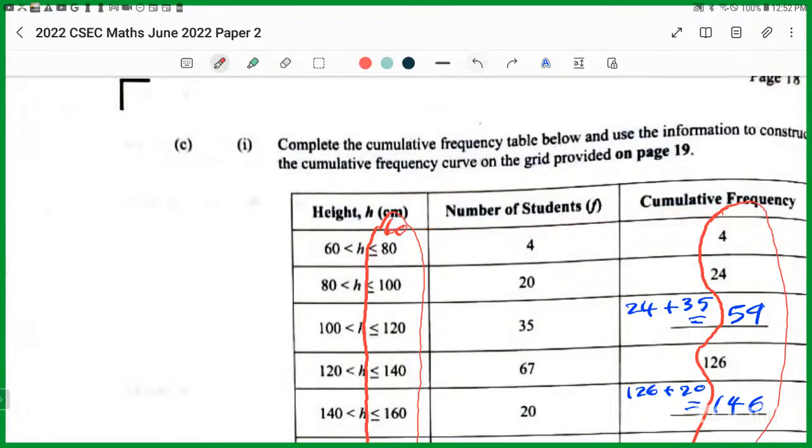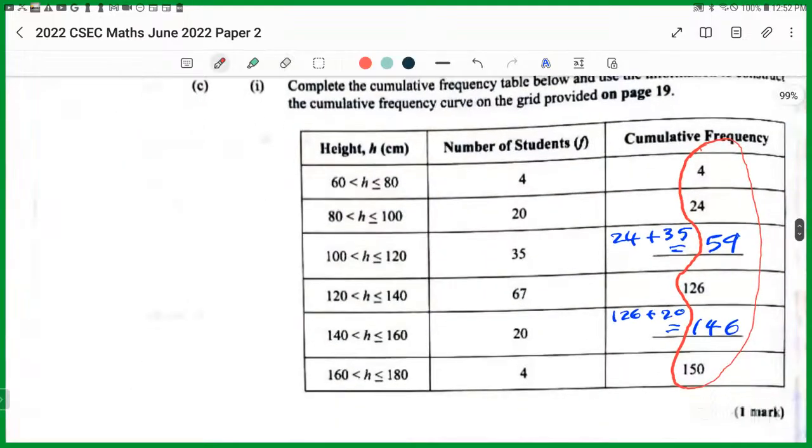Let me mark this better and show you. So I'm using all of these upper boundary values. The value before this would have been 60. Let's put it up here. And using these cumulative frequency values over here.